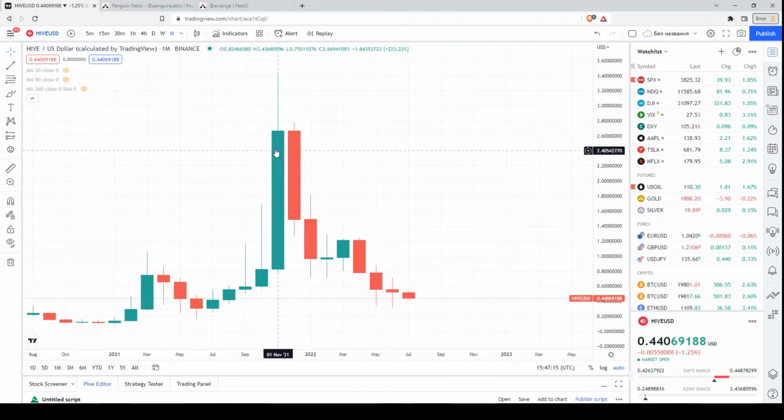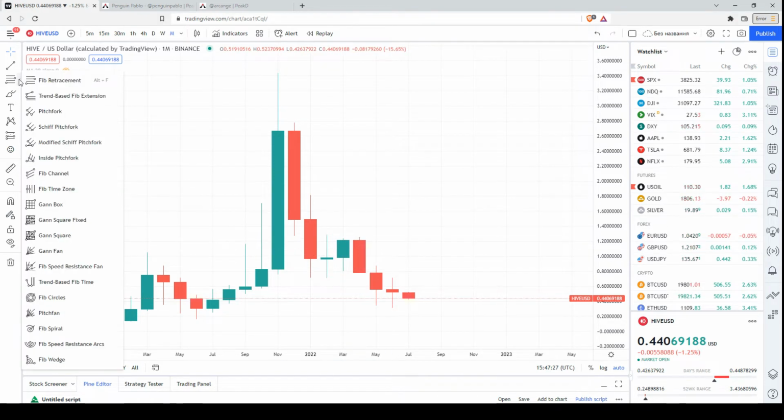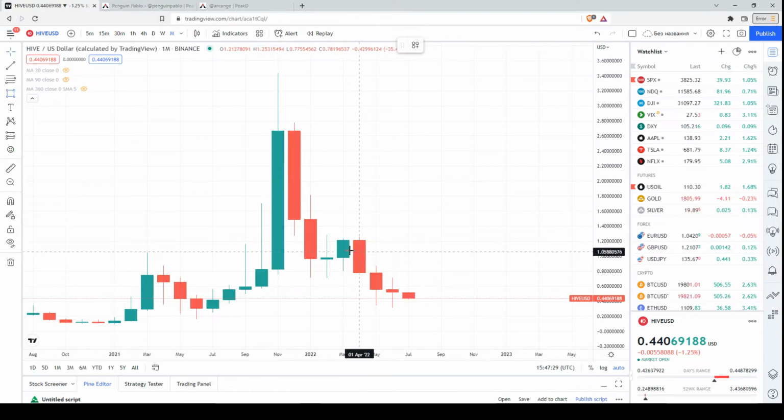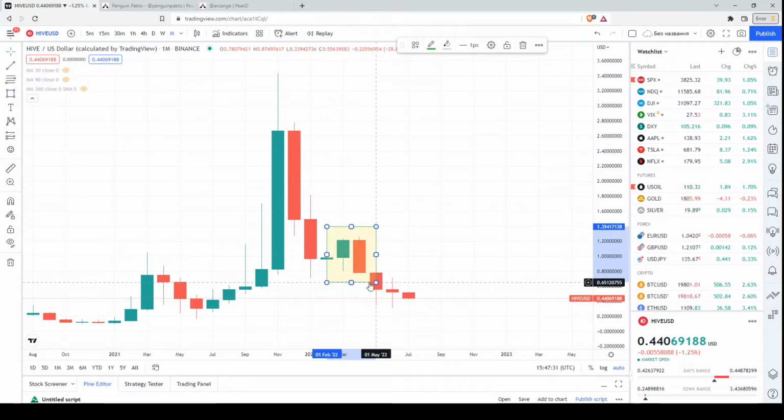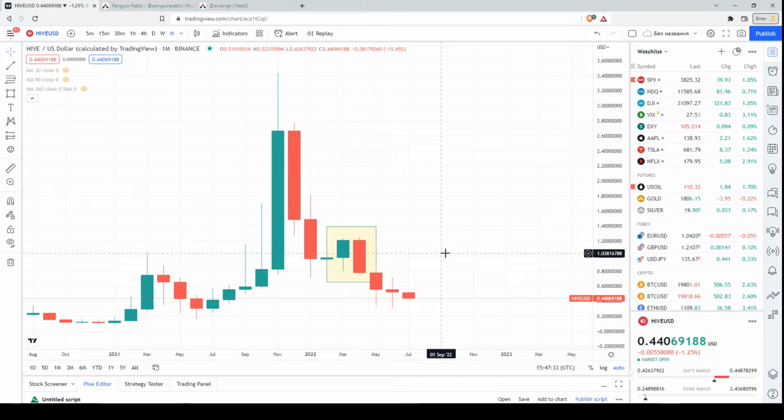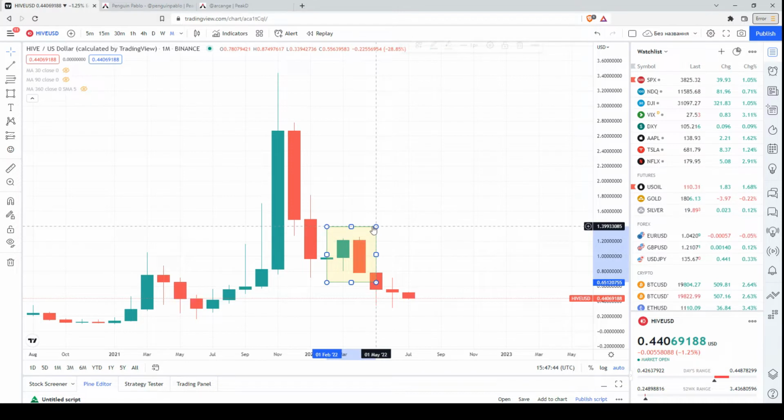So we're familiar with these candlesticks, we're familiar with this decline, then we had some kind of small consolidation earlier this year. The price tried to rebound, but in April we had this bearish engulfing, and actually we have such bearish engulfings in the price charts of the other cryptocurrencies like Bitcoin, Ethereum, and we used to talk about it, and we were able to spot this bearish engulfing during the first days of May.